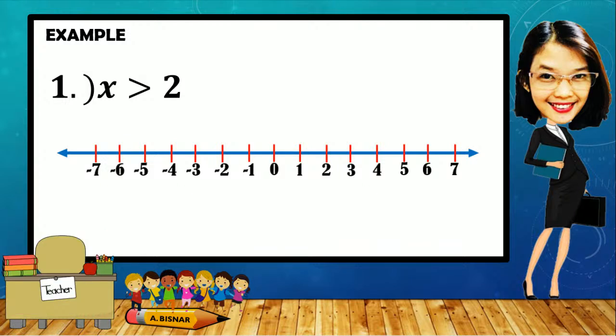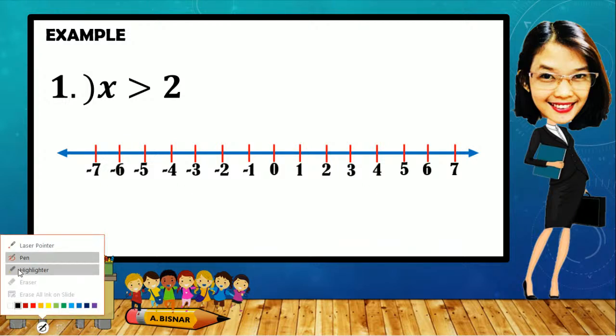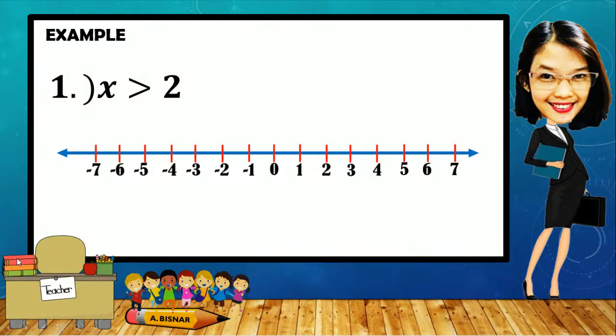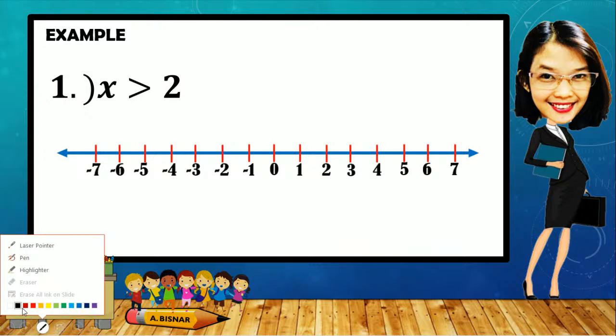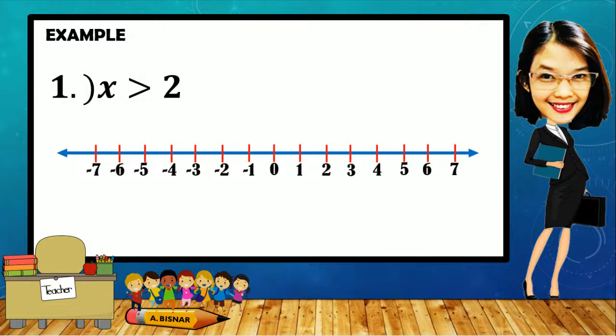Di ba, we have 3, 4, 5, 6, 7, and so on. Since this is graphing, we're going to use circle with no shade. Why?